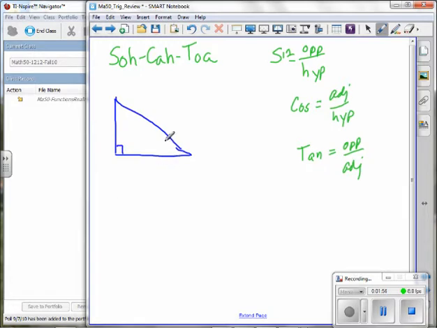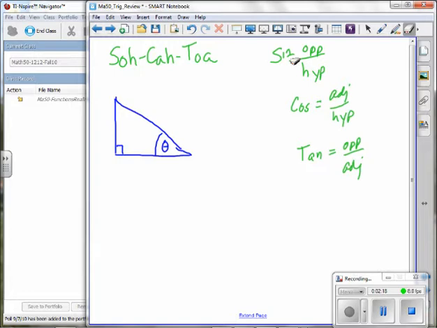So if I'm going to look at this angle theta right here, and I say the sine, what I have up here really is not as correct information as I'd like it to be. What should I do with this phrase in order to make it absolutely correct?